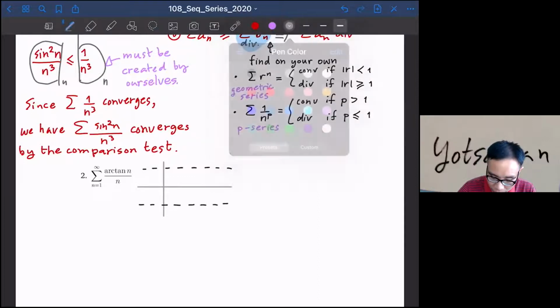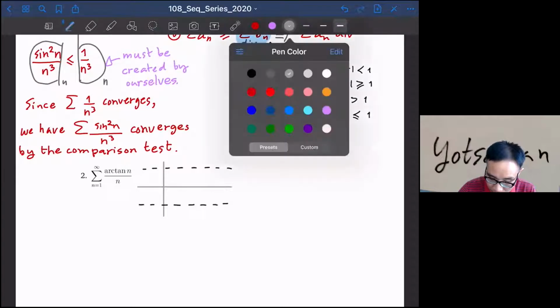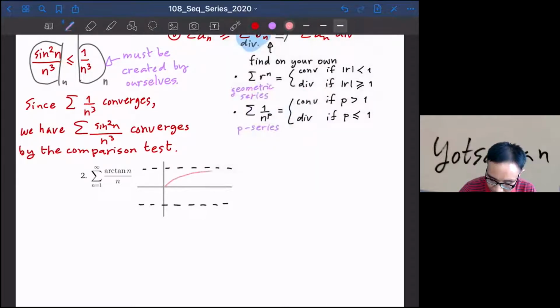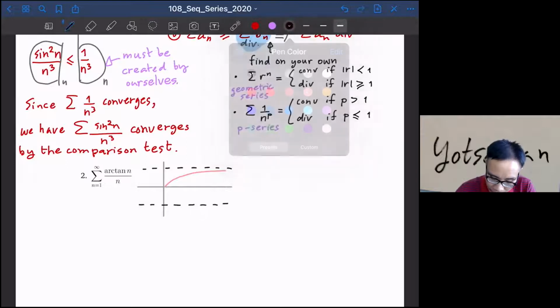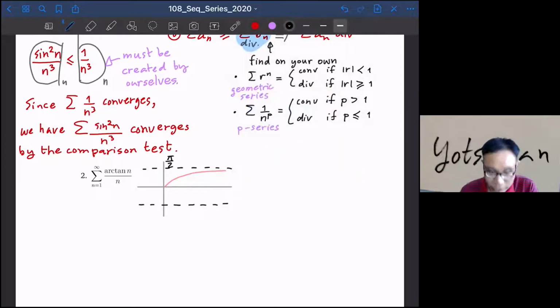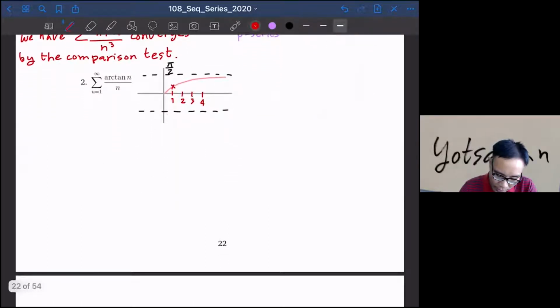The picture turned out to be like this, and it tends to pi over 2. So the horizontal asymptote is pi over 2, and you have 1, 2, 3, 4, and so on.